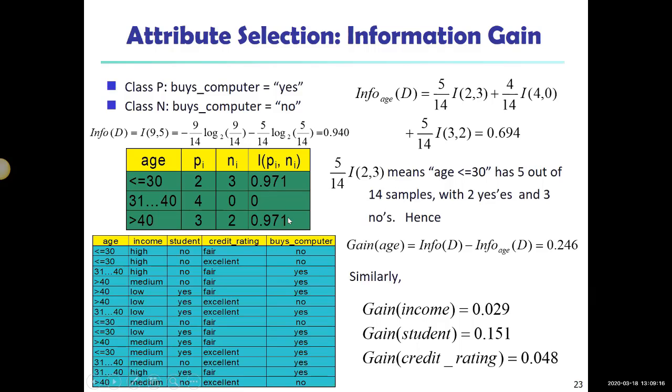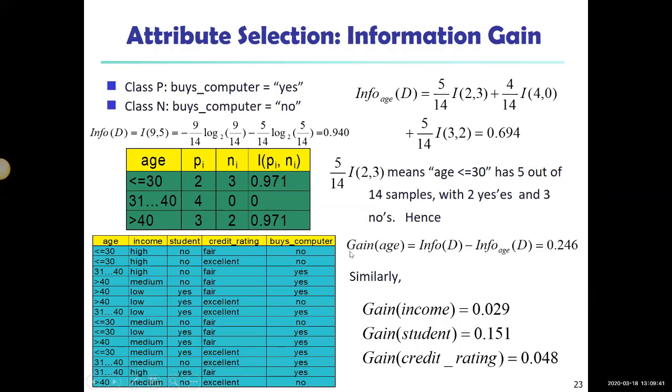Do that for every one of those. And then after the split, we can compute the conditional entropy. It's a weighted sum, as we can see. So in total we have 14. This portion has 5, this portion has 4, this portion has 5. So this is our conditional entropy.